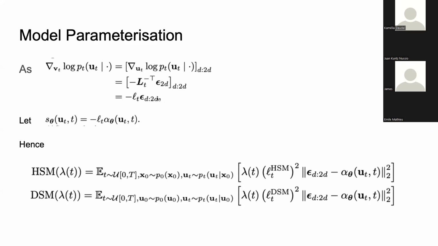We want your score network to be close to this. So instead, they parameterize the score network directly, with this alpha theta being the noise. They scale the neural network output by this L term, and that seems to work quite well.